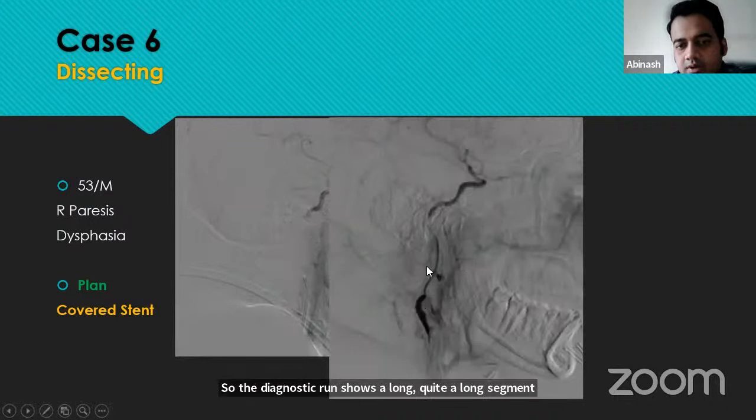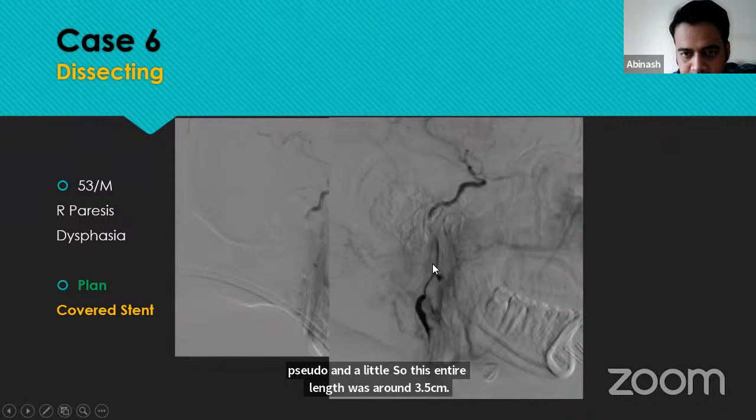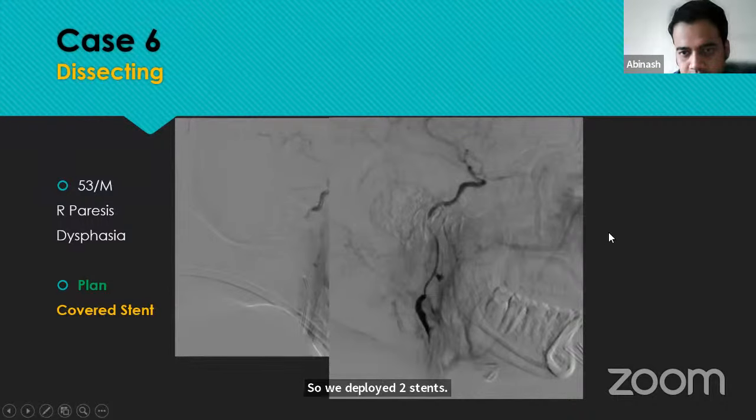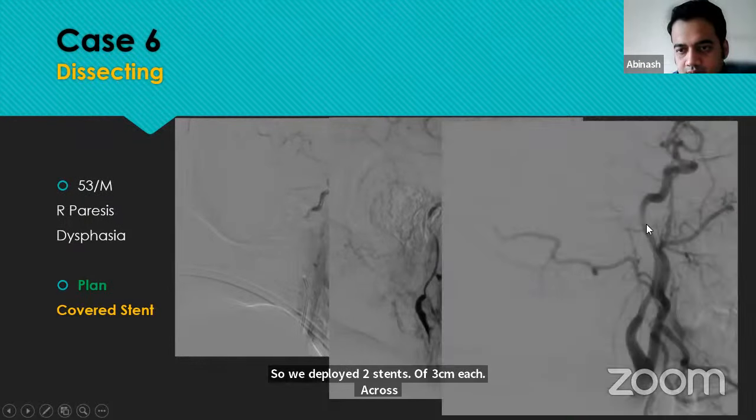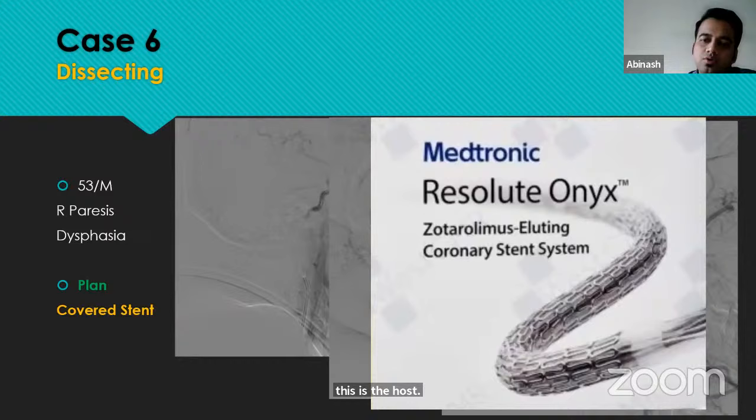So this is the dissection with a pseudoaneurysm. This entire length was around 3.5 centimeters. So we deployed 2 stents of 3 centimeters each across this. So this is the post stenting angiogram. Here we used the Resolute Onyx stent by Medtronic.